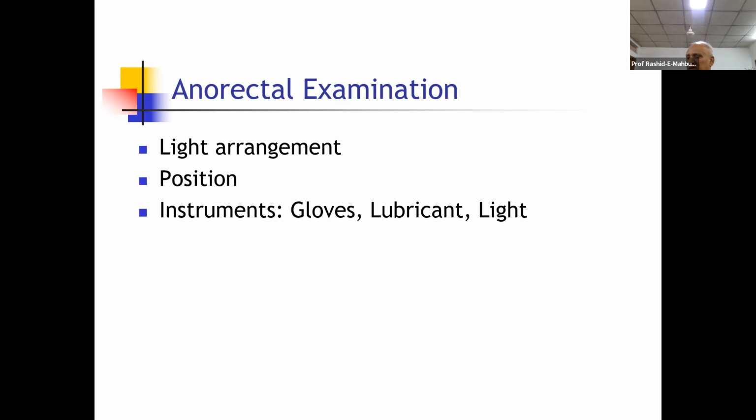And here I have to mention that if you are examining a lady, then you must have a female attendant so that nothing can be complained against you of abuse. So the light arrangement is very important, and you can use an electric searchlight, or if it is not available, then a good torchlight may help you.